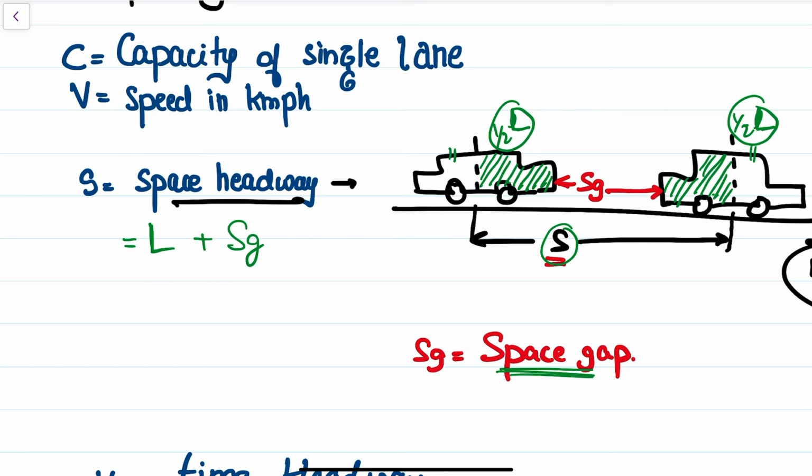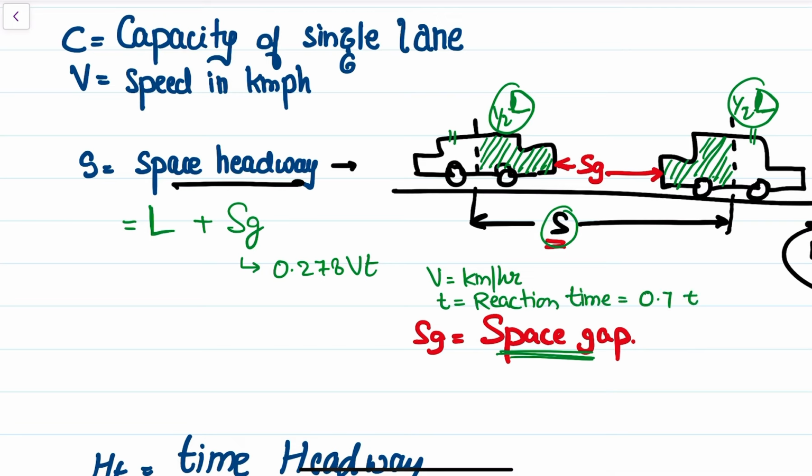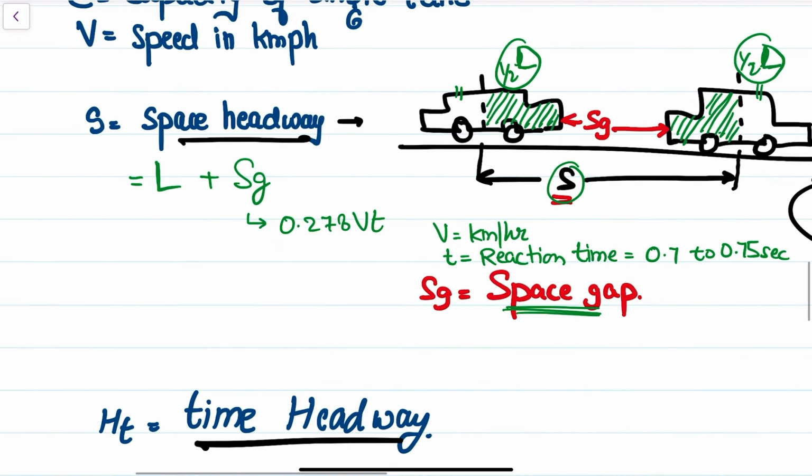Now this space gap is defined as 0.278 V into T, where V is in kilometers per hour and T is the reaction time, which is taken as 0.7 to 0.75 seconds.